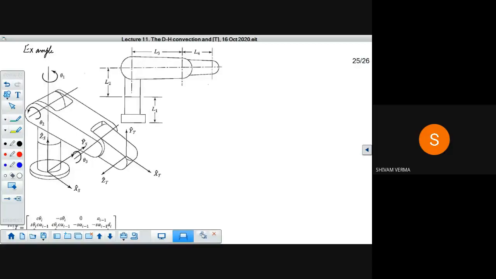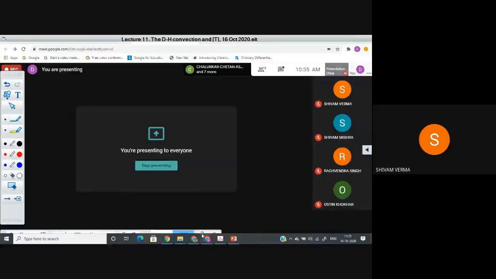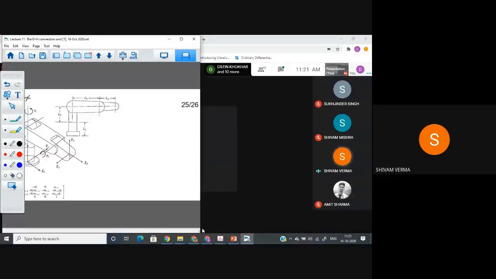Sir, is this convention used for any other type of joint, like a parallel joint? The Denavit-Hartenberg convention is very popular in robotics and mechanisms. We can use the same convention irrespective of whether it's a prismatic or a revolute joint.